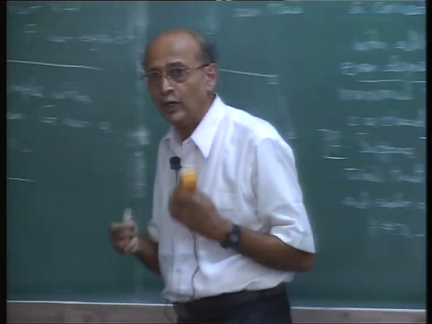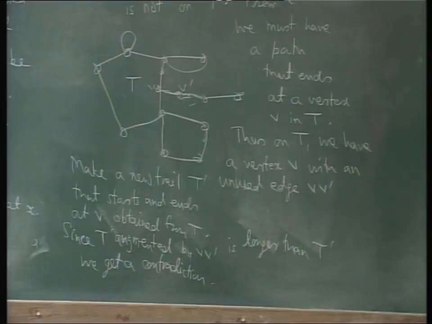Then of course I cannot have an Eulerian circuit. Can I have an Eulerian trail which starts from this odd vertex?